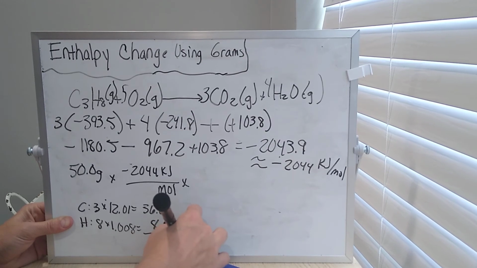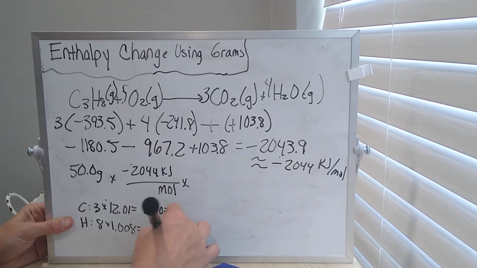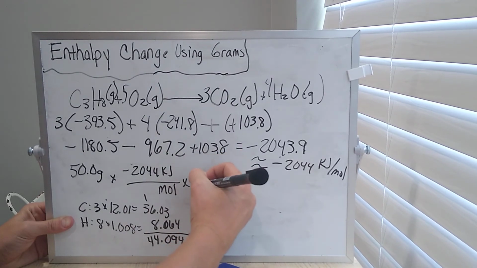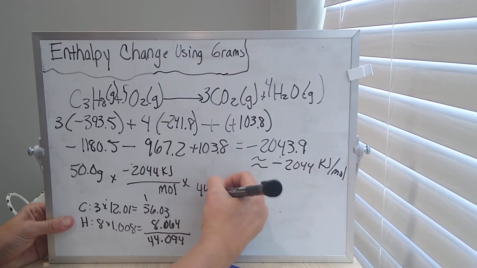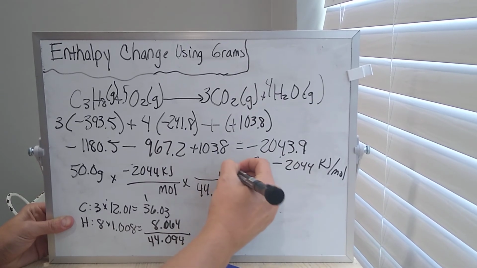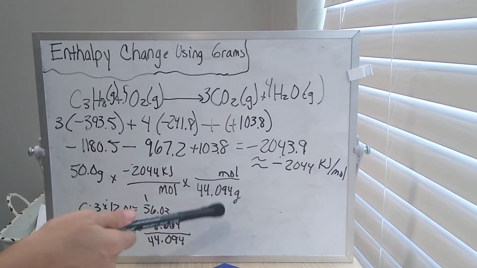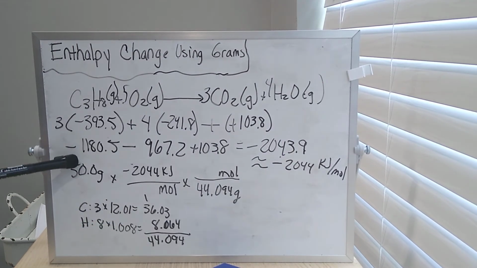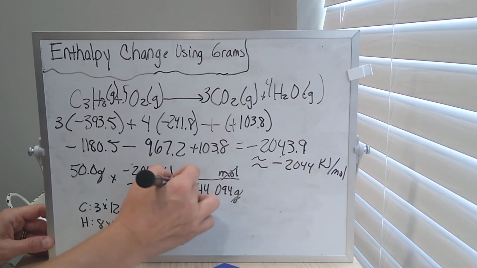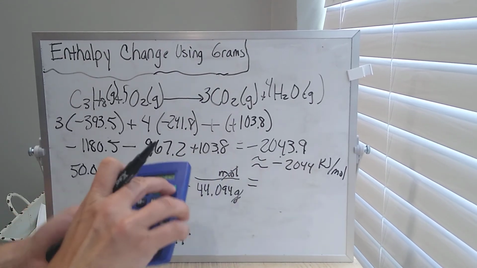Add those together for 44.094 grams per mole of propane. And you see I put grams on the bottom because I need it to cancel out with my grams in the numerator. So grams cancel, moles cancel, and now all you have to do is the math.